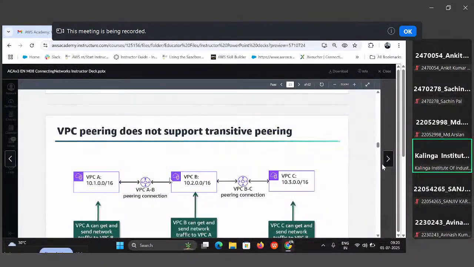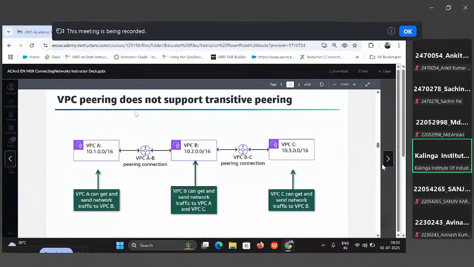Now coming to the next: VPC peering does not support transit peering. You can see VPC A, B, and C, all connected to one another, right?